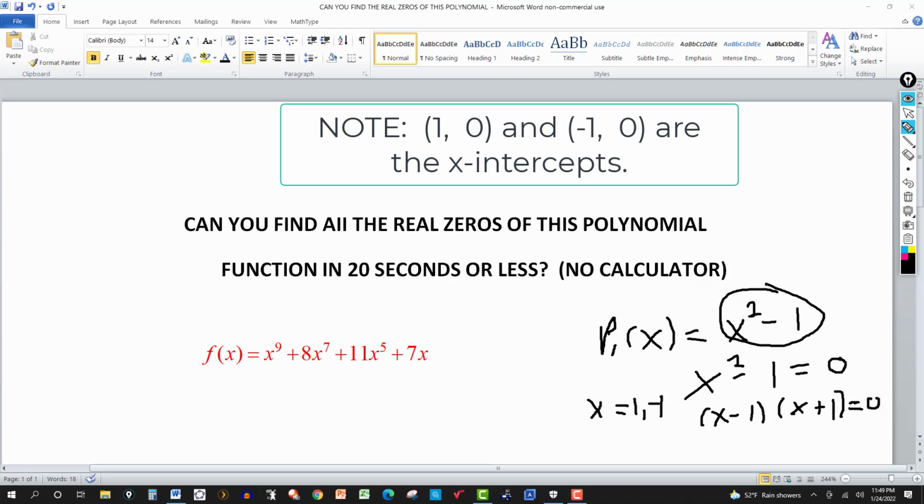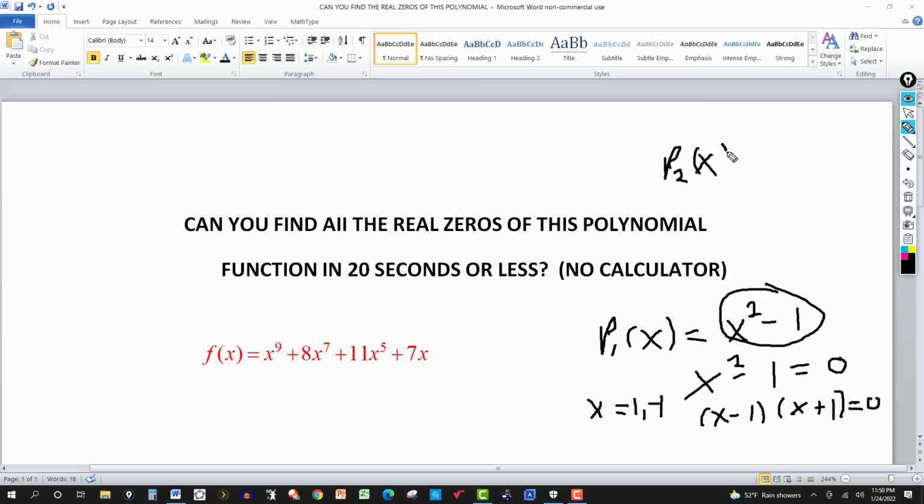Whereas if I have a second polynomial, say p sub 2 of x equals, say, x squared plus 4.